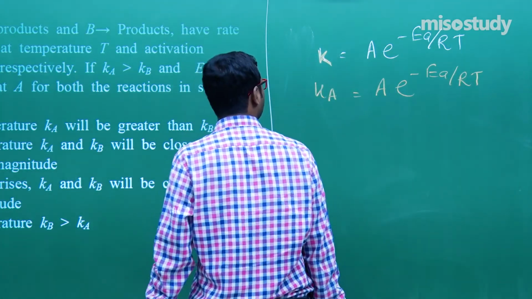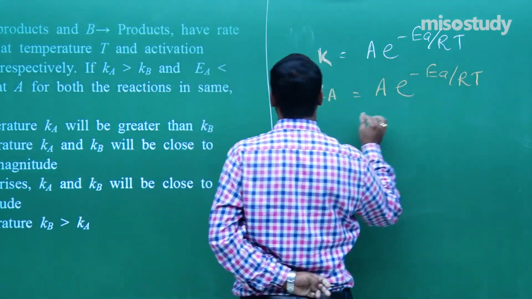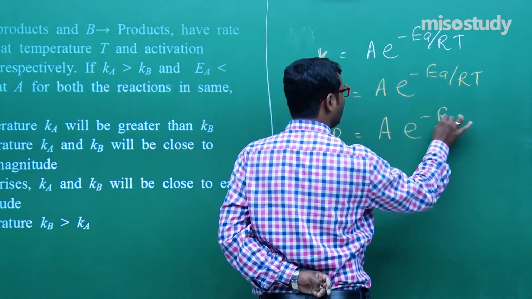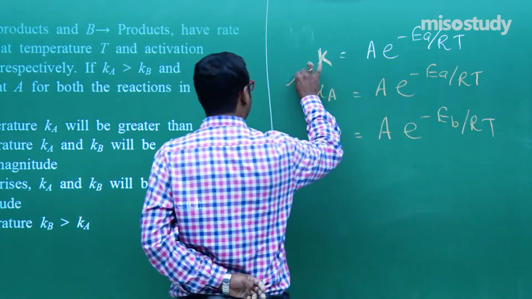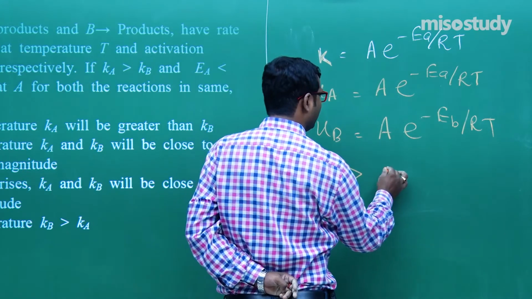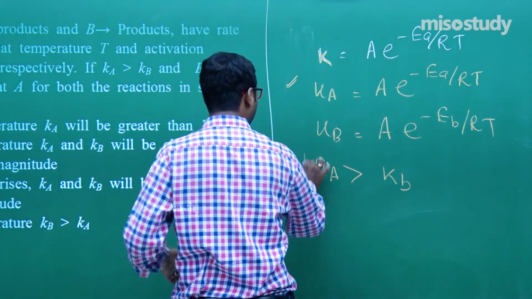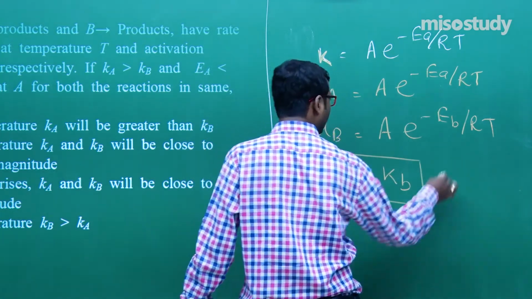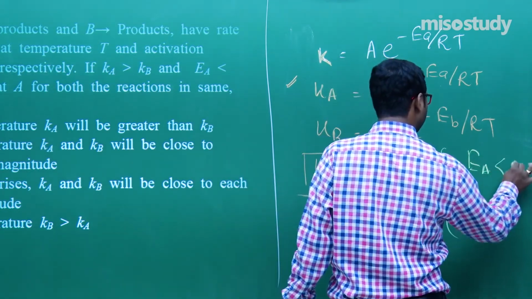And for Kb we can write A e to the power minus EB upon RT. According to the question, Ka is greater than Kb. Clear? And one more thing, it is given that EA is less than EB.